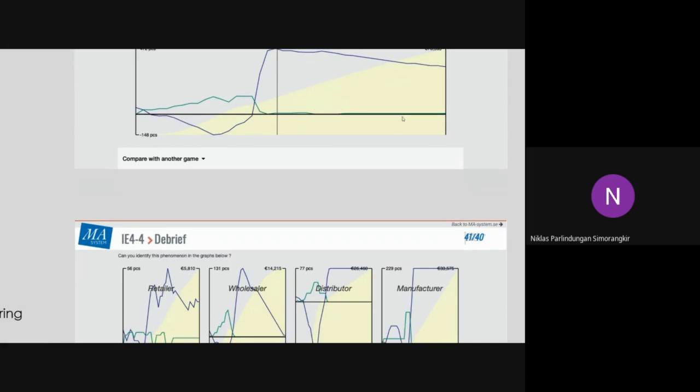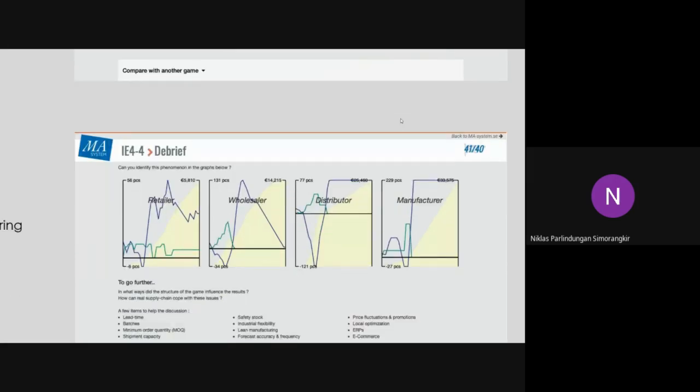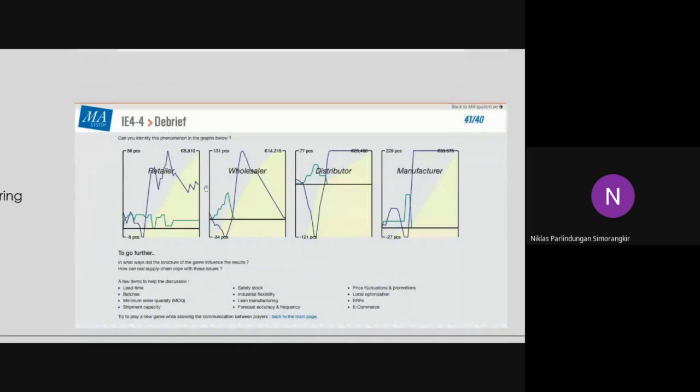Now, how can these individual actions affect this? This is our individual results. As we can see, the problem that we have most is with two roles: the distributor and the manufacturer, due to the sharp increases that each has, as well as the constant number of orders that it needs to fulfill towards the end.